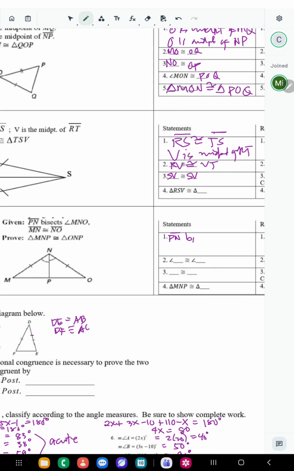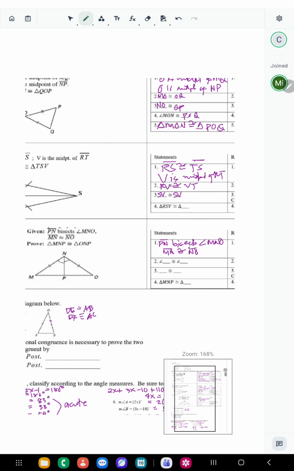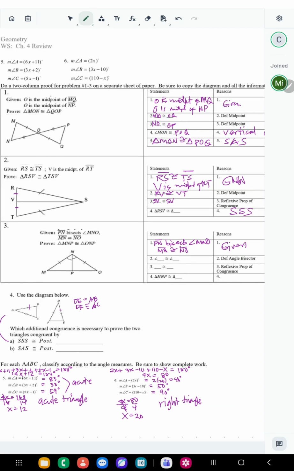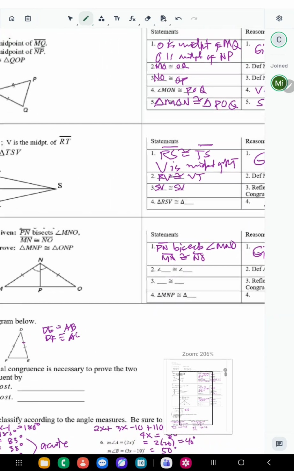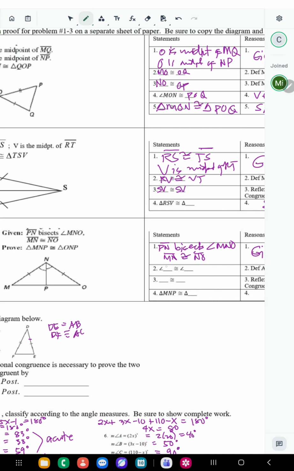PN bisects angle MNO, and MN is congruent to NO. This is given. By the definition of angle bisector, angle MNP is congruent to angle QNP.